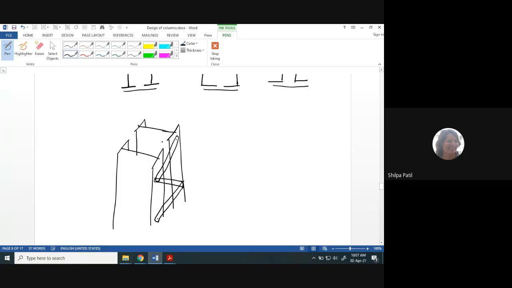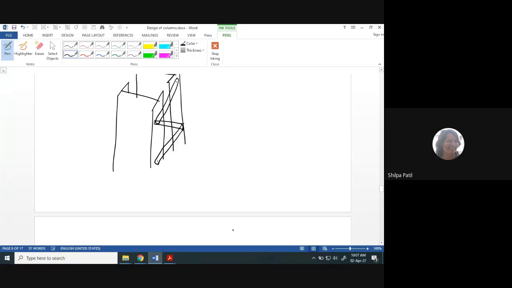Why do we need these two sections? Because obviously when we use two sections, the cross-sectional area of the entire column will increase, the moment of inertia will increase. In other words, the P_d value will increase, and the load carrying capacity of the entire section will increase. Now these two columns are connected to each other either by using a lacing system or a battening system.